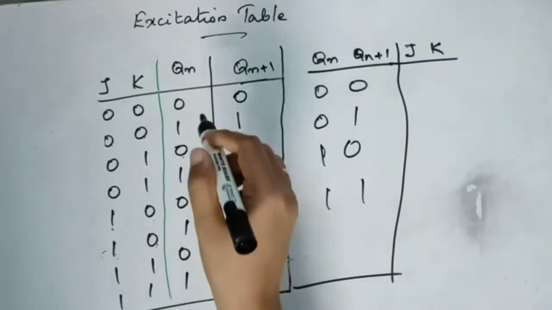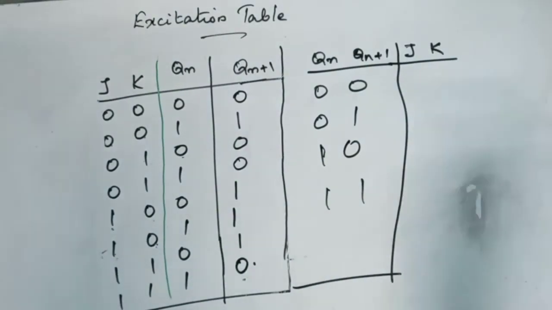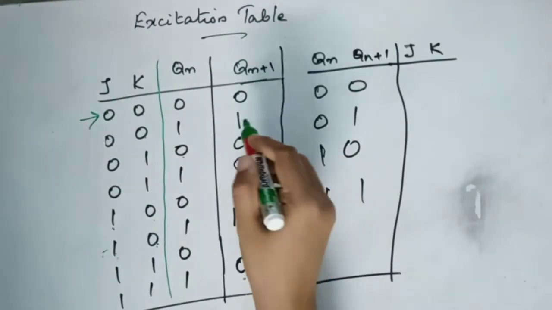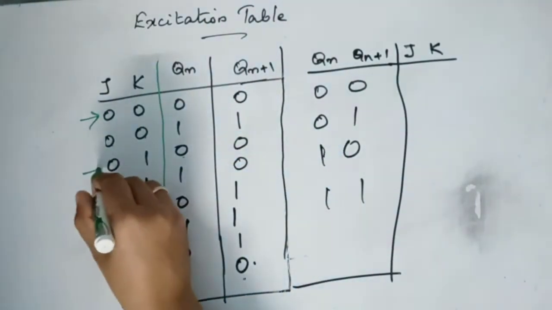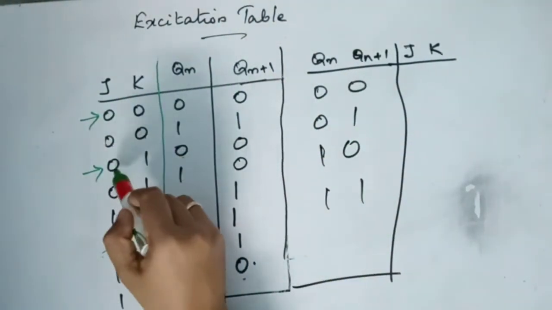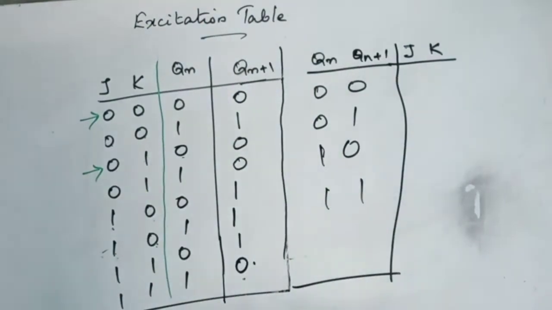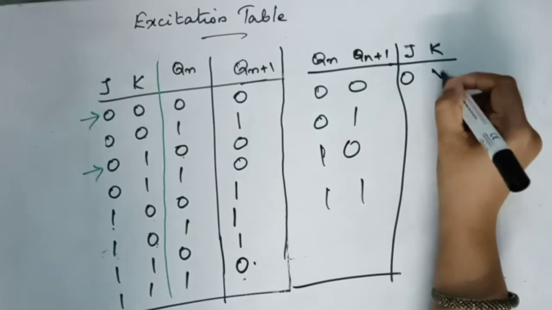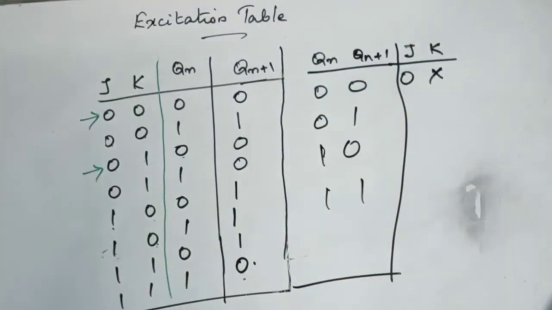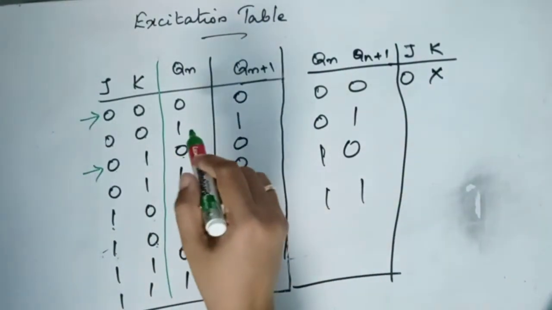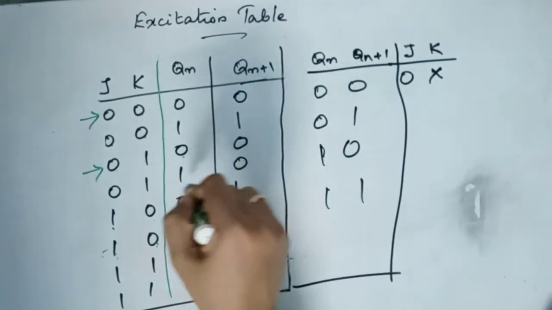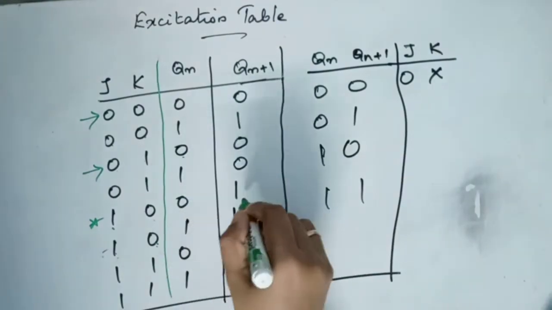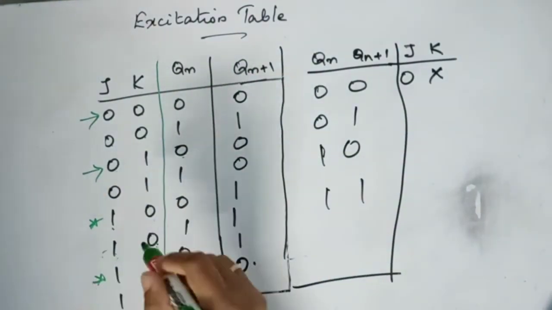So we take the 0 0 case, that is this one and this one. In this case J is 0, K is don't care. For 0 1, here we have a case and here we have another case.